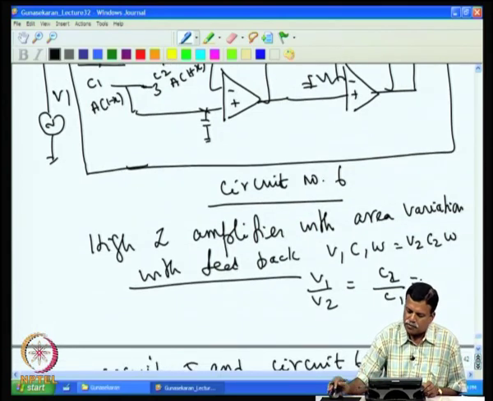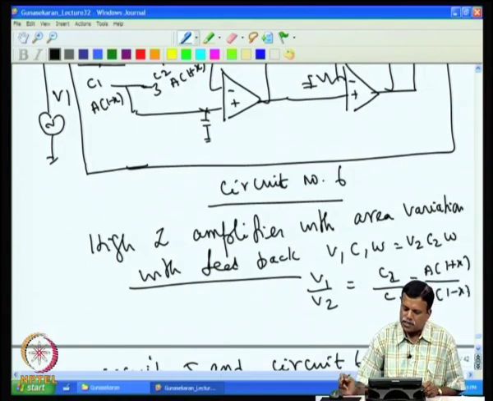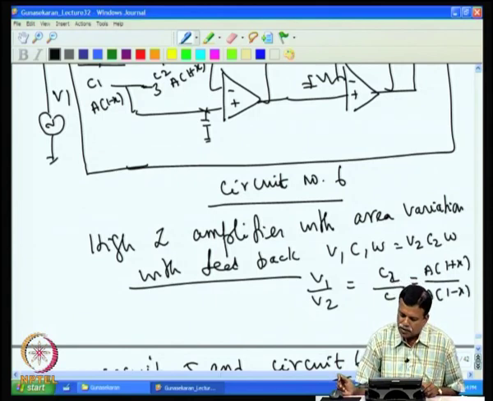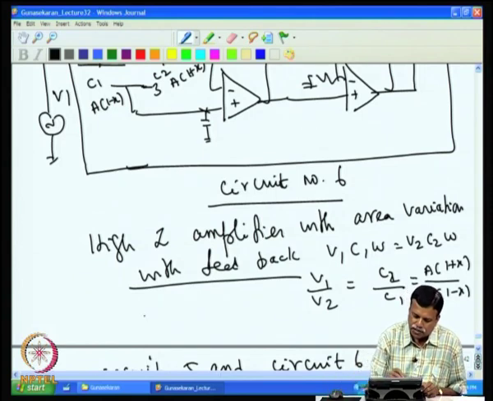So, C2 will be A into 1 plus x, here it will be A into 1 minus x, other parameters go off. But again you find that this is nonlinear, that is V1 by V2 is nonlinear with the displacement.